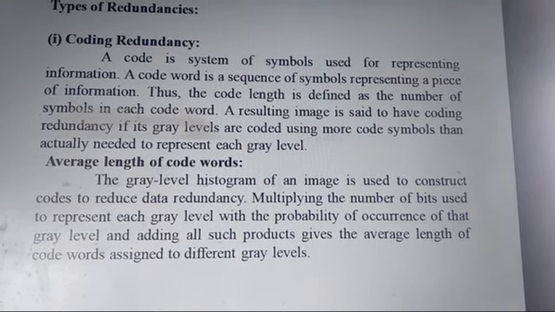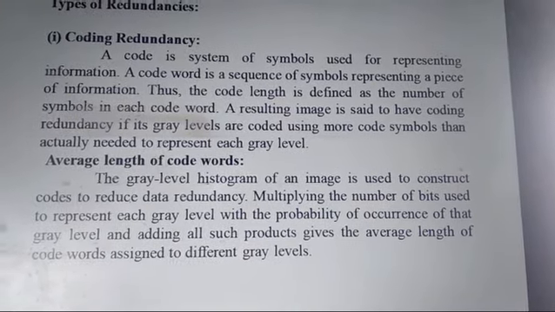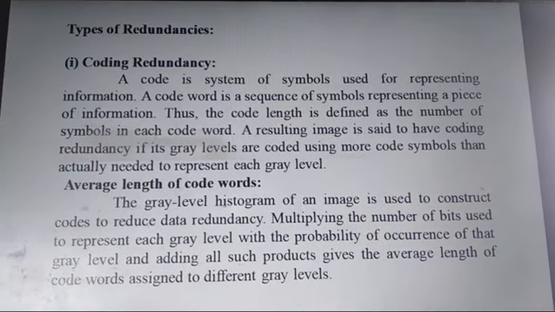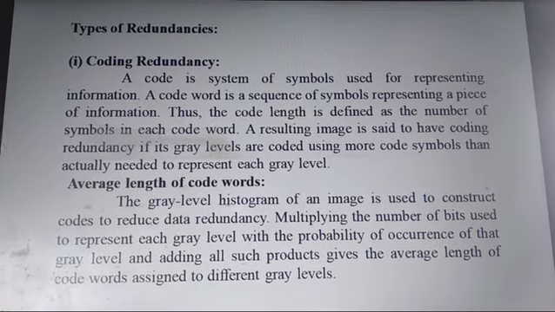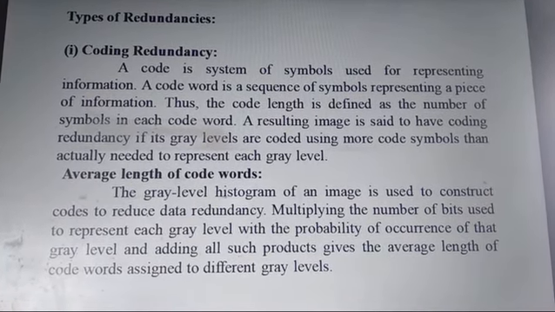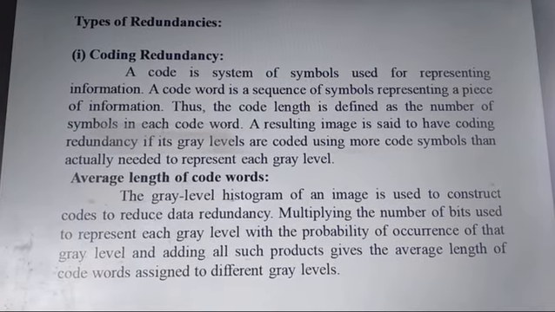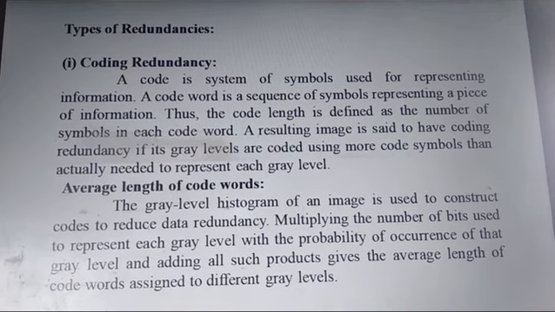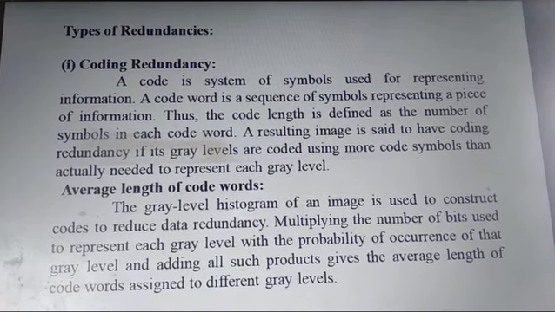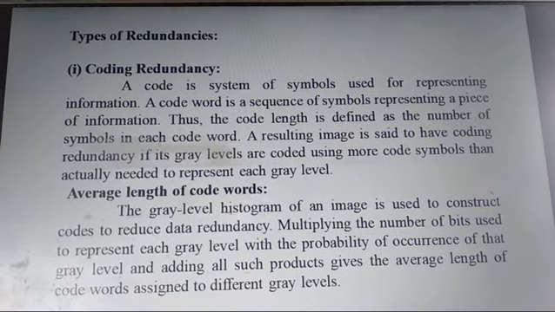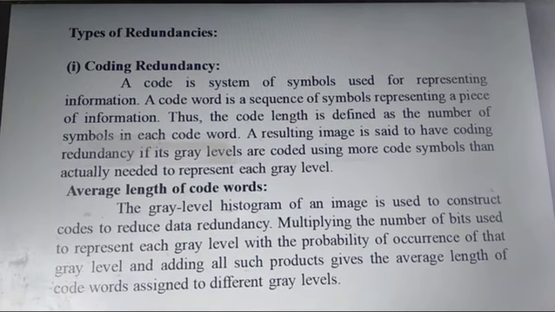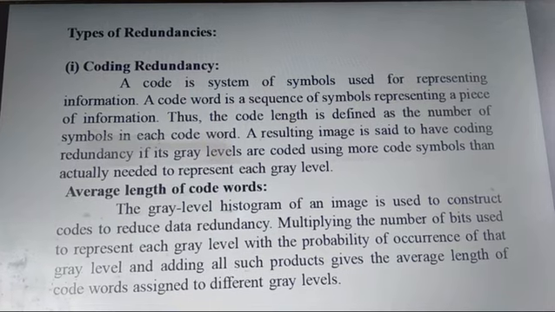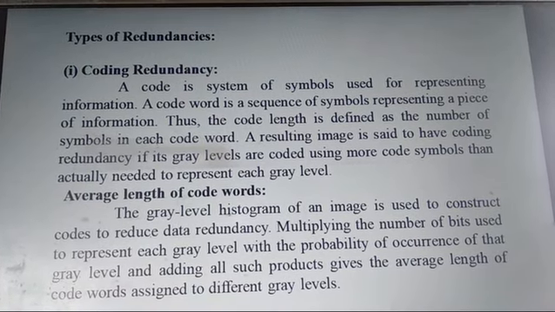A resulting image is said to have coding redundancy if the gray levels are coded using more code symbols than actually needed to represent each gray level. Coding redundancy means we use a code word to represent the symbol, so that, compared to the original representation, fewer bits are required to represent the same data.